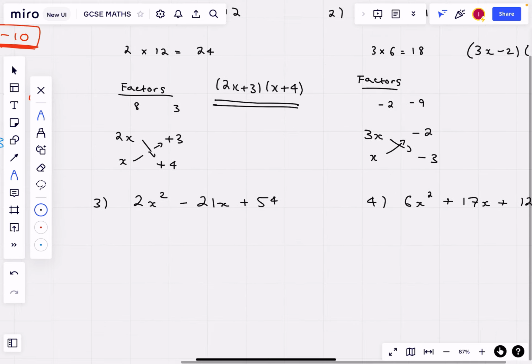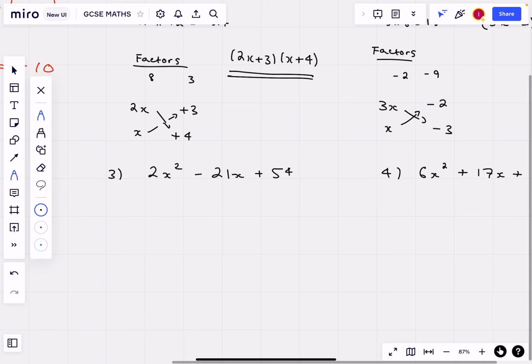Okay. This one, question 3, was not very nice because the numbers are quite big. So let's give it a go. 2 times 54 is 108. The 2 factors that I'm going to choose are 9 and 12.